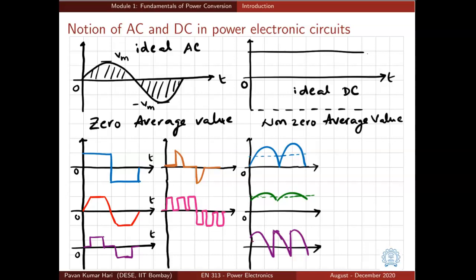So this has a positive average value because the positive part has more area than the negative part. So here is yet another example of a DC waveform. It also has a finite positive average value, but the variation looks like a triangular waveform.